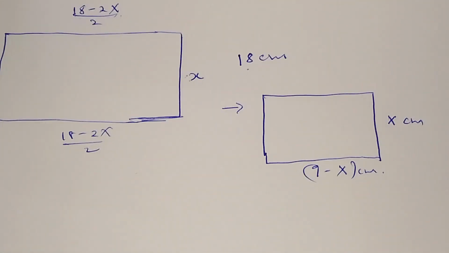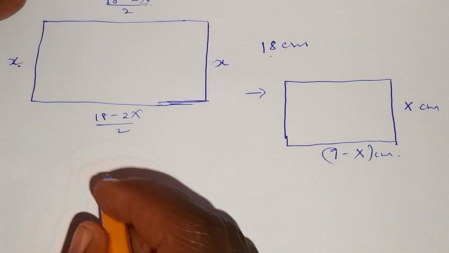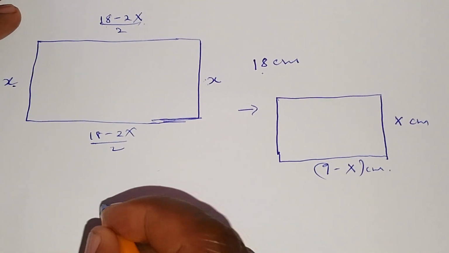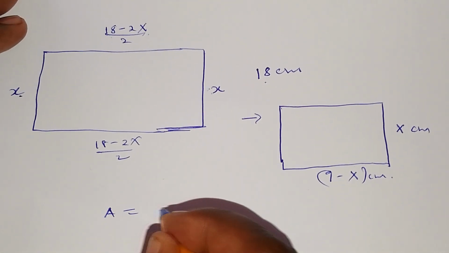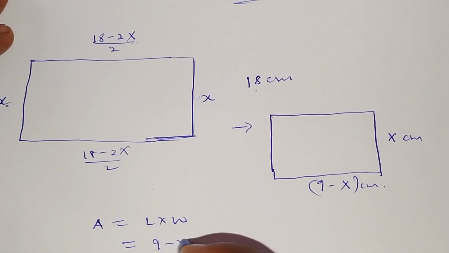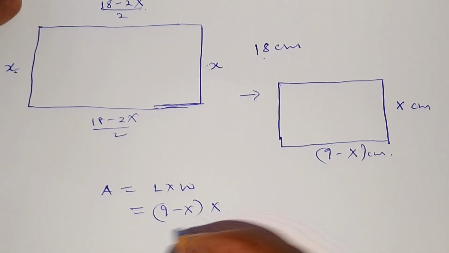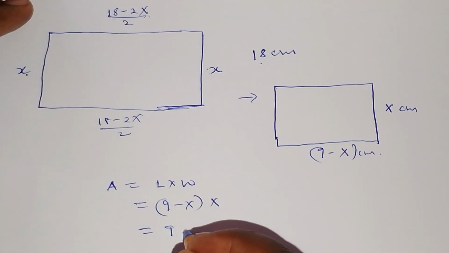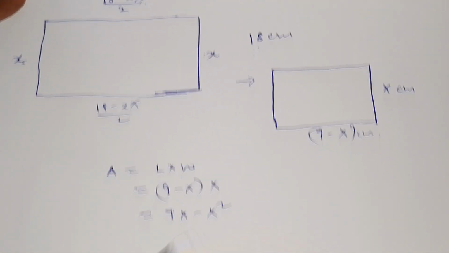So now we need to determine the expression for the area of that rectangle. So we are going to have area equals length times width. So length is 9 minus x, width is x, so this gives us 9x minus x squared.